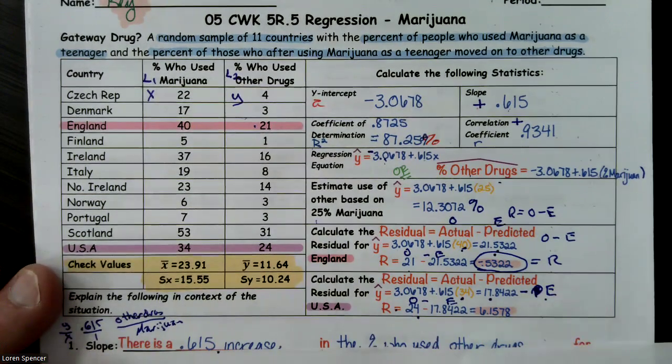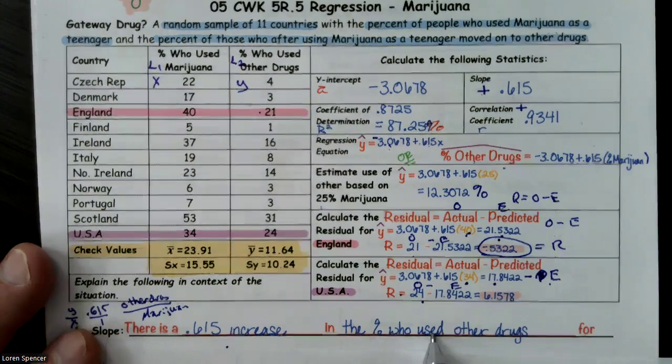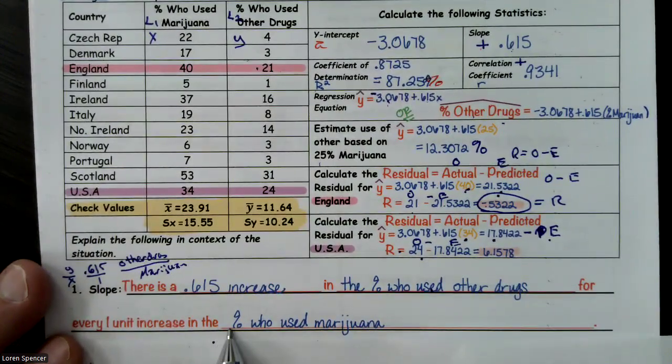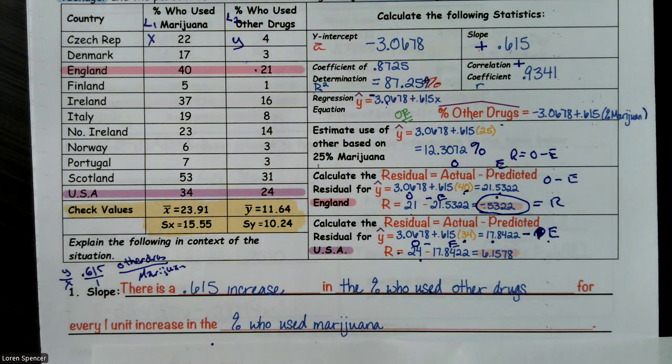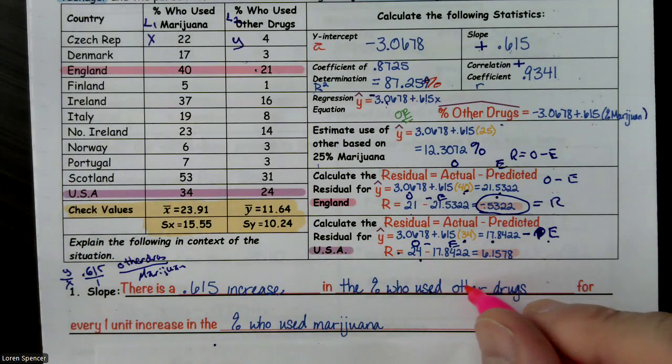So there is a 0.615 increase in the percent who use other drugs for every 1 unit increase in the percent who use marijuana.